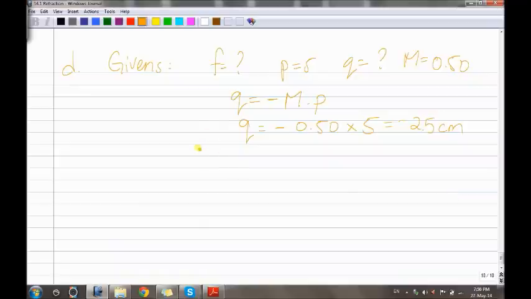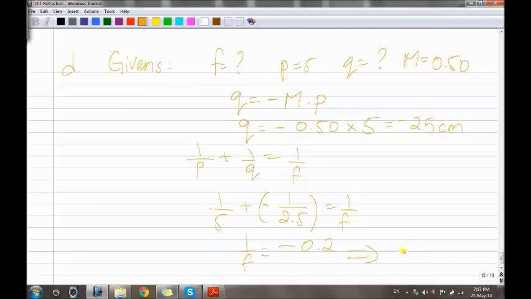Now we need to find the F, so we'll use the formula again. 1 over P plus 1 over Q equals 1 over F. So 1 over P, which is, P is 5, plus 1 over Q, which is negative 1 over 2.5, equals 1 over F. So the answer is negative 0.2.